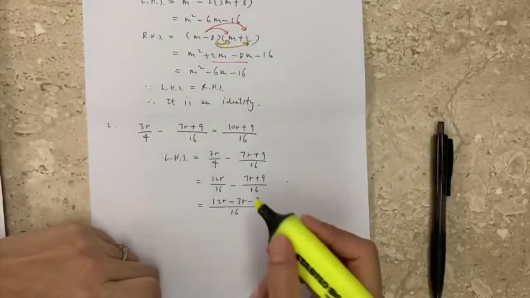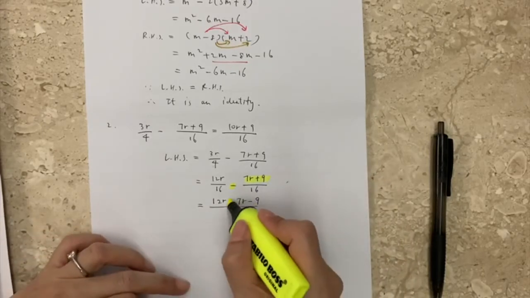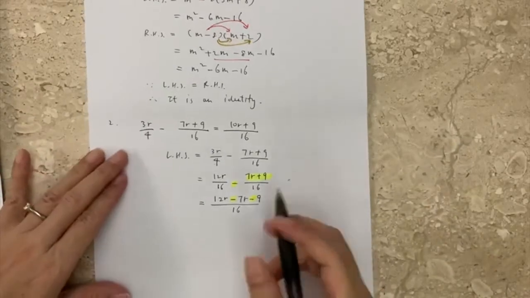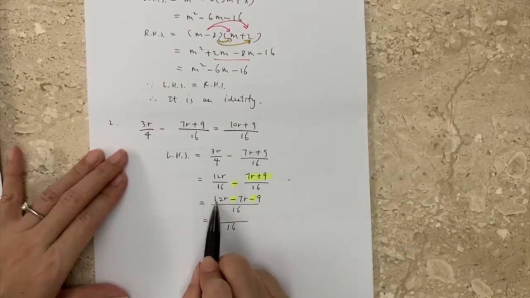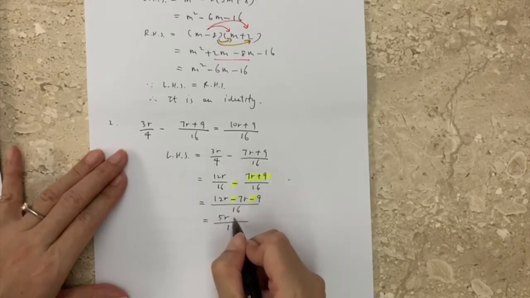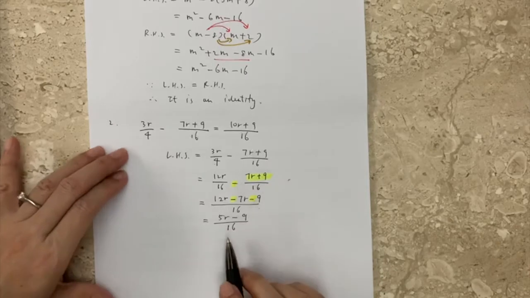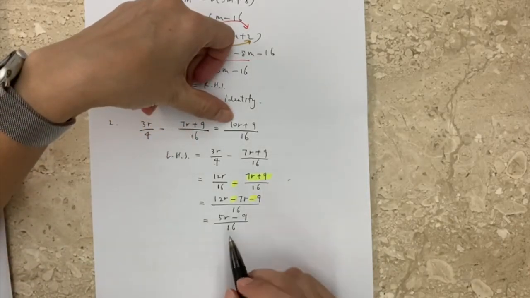Since we have a negative here and it is actually minus the whole thing, the plus changes to minus. Okay, so the final answer we have 16, 12r minus 7r, so we have 5r and then minus 9. So you can see if you make a comparison, is it the same as the right hand side or not?